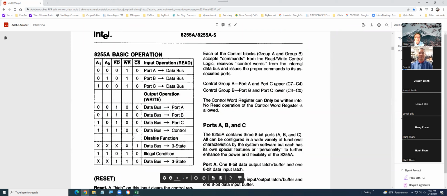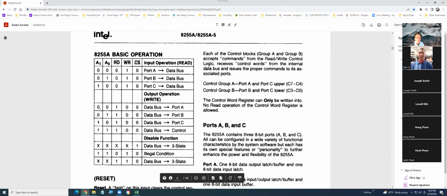Okay, they're telling you the write operation. You see that? Write will be 0 and read must be 1. They say data bus goes to port A, port B, port C.